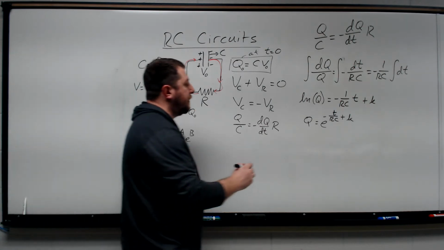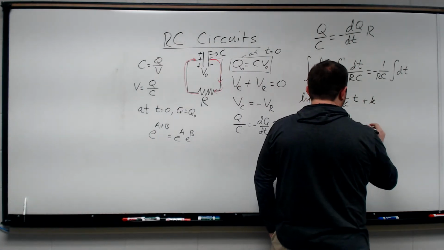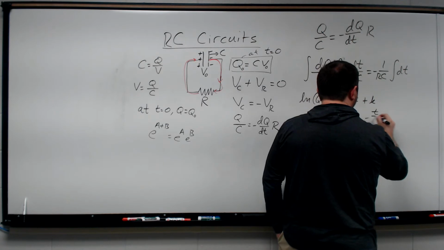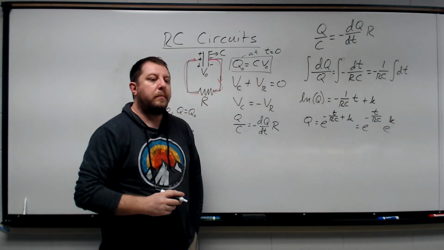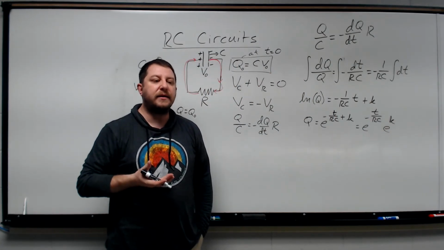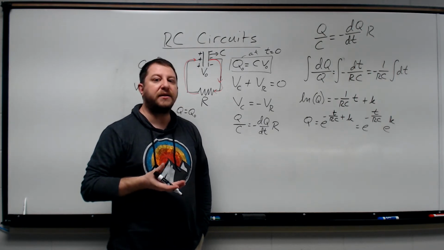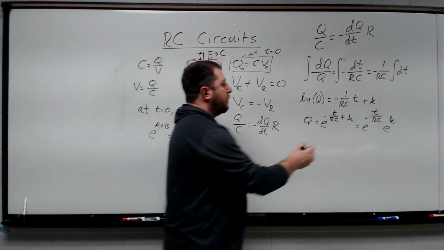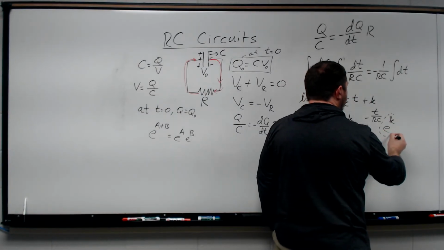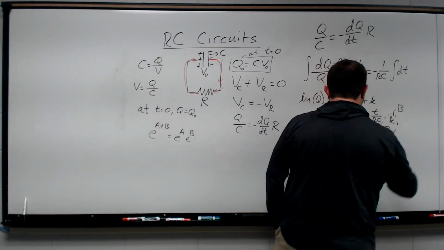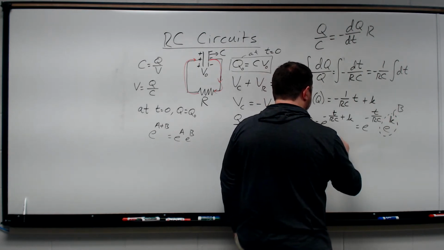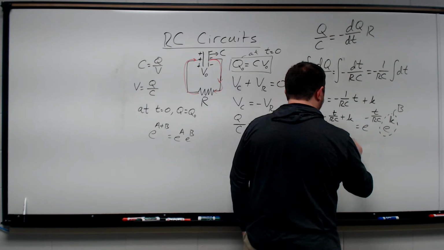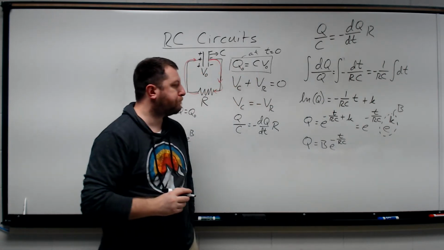And I can rewrite this as e to the negative t over RC times e to the k. But e to the k is just a number, it's still just a constant. So let's label this constant capital B. So q is going to equal B times e to the negative t over RC.